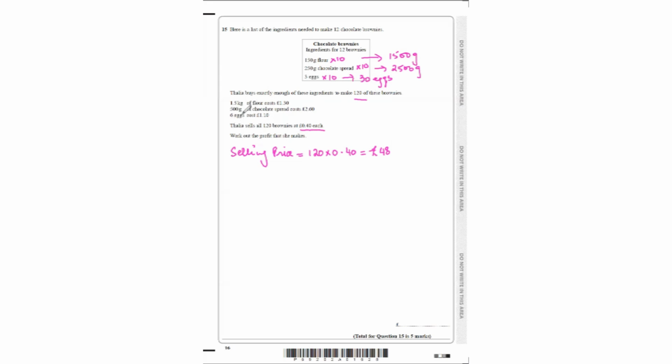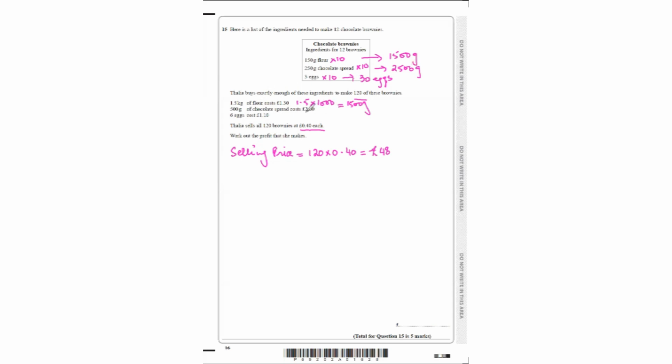Now, if you look at the cost, 1.5 kg of flour is 1.30 pounds. So 1.5 kg written in grams is 1500 because you multiply 1.5 with 1000, since 1 kg is 1000 grams. So that's 1500 grams. For the chocolate spread, we have the cost of 500 grams, and over here we have 2500 grams.